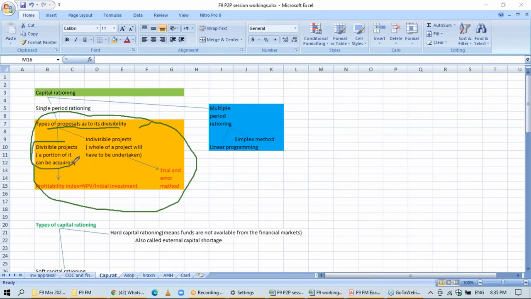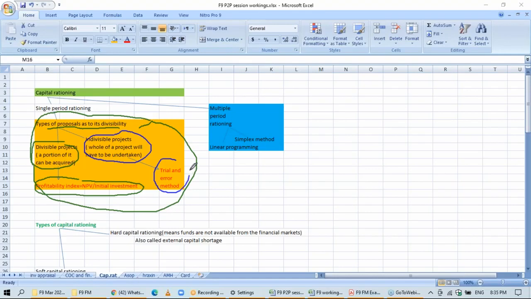If the projects are divisible, a portion of it can be acquired. You'll be using the profitability index method, NPV divided by initial investment. And if the project is indivisible, then you can see in the blue circle, indivisible projects, the trial and error method will be used. So this was the rule.